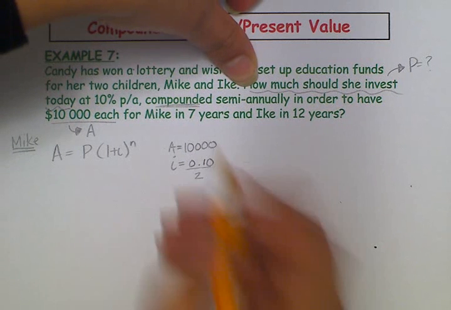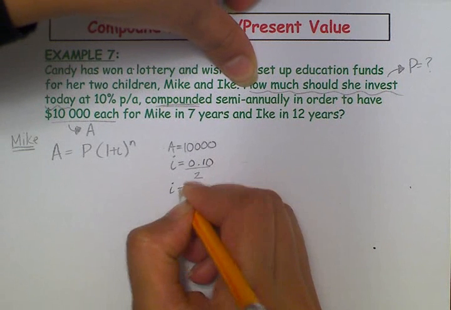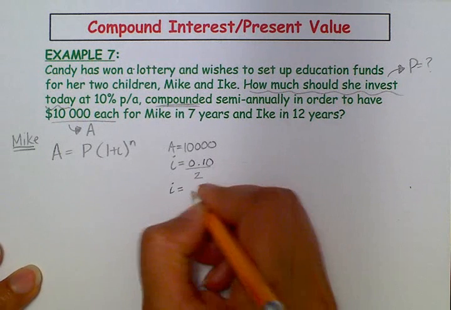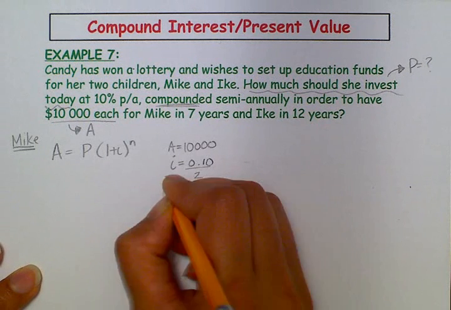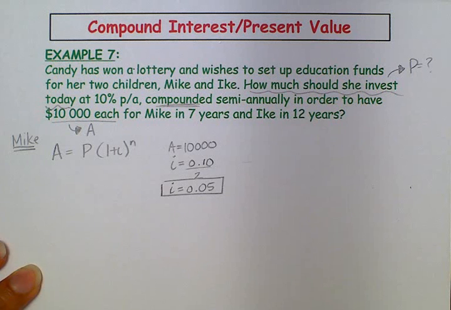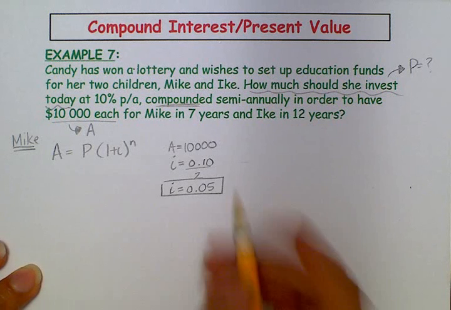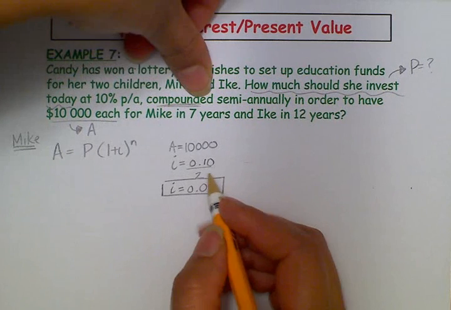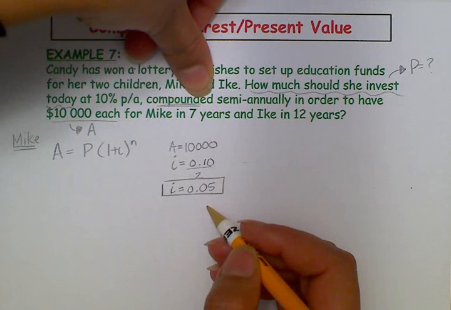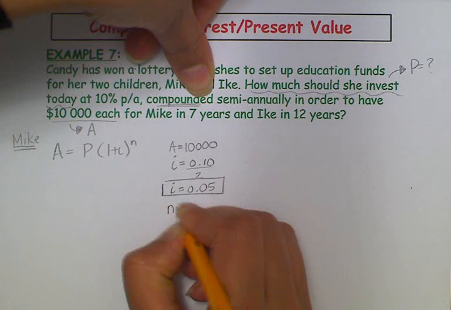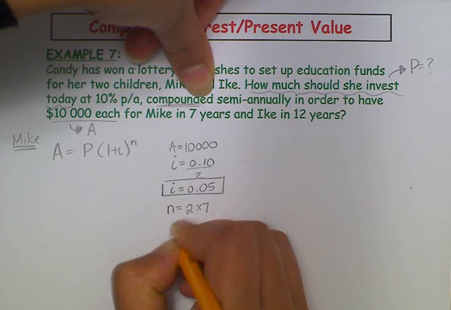And so the interest rate at the end of each half of the year would be 0.05, or 5%. Okay, the number of compounding periods. For Mike, she's investing for 7 years, and interest is being compounded semi-annually, so it's twice a year for 7 years, so there are 14 compounding periods.